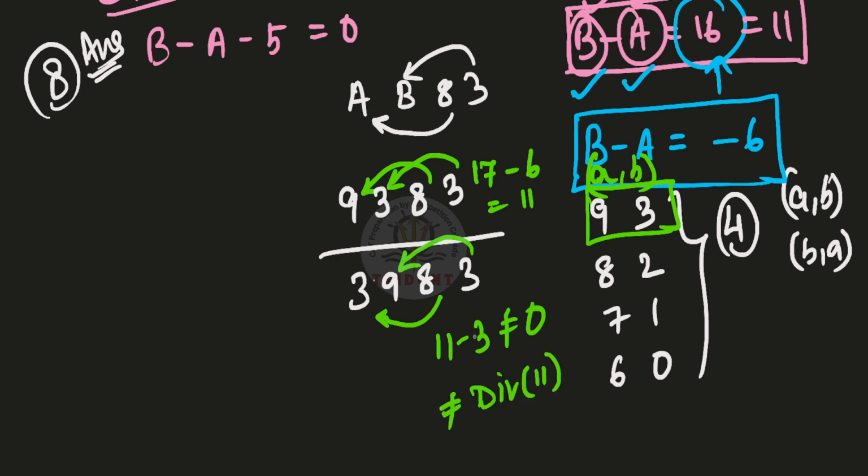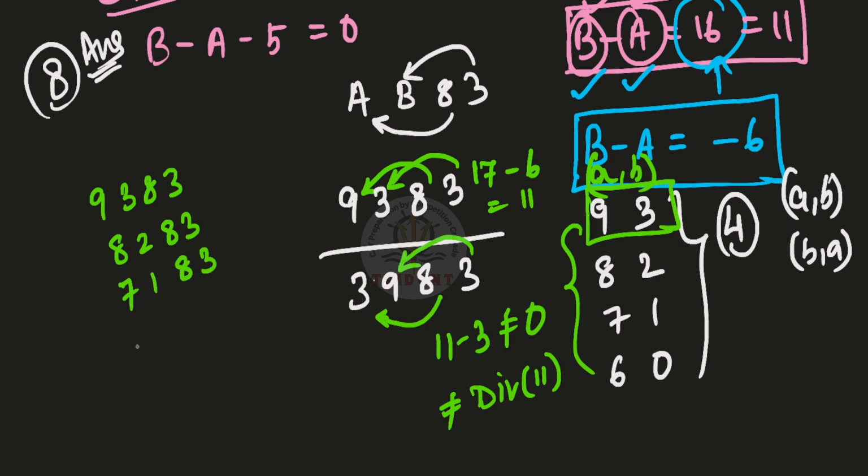In other words, you have to be dead sure that the numbers will be 9383, 8283, 7183, and the last one will be 6083.